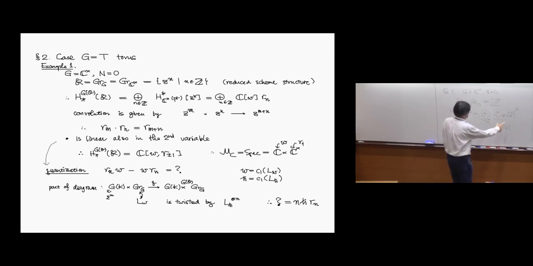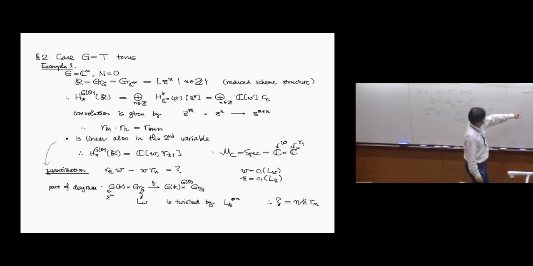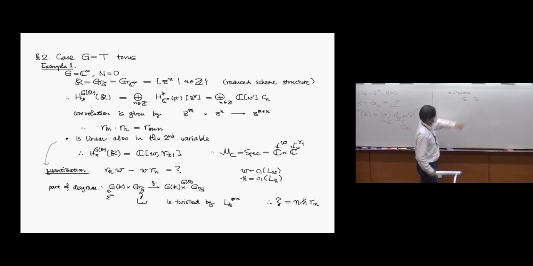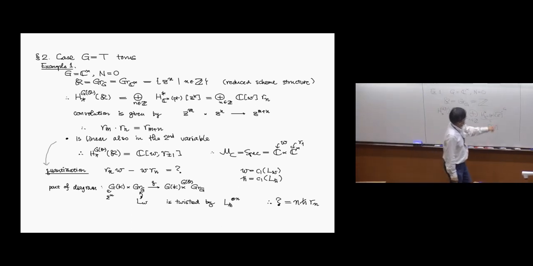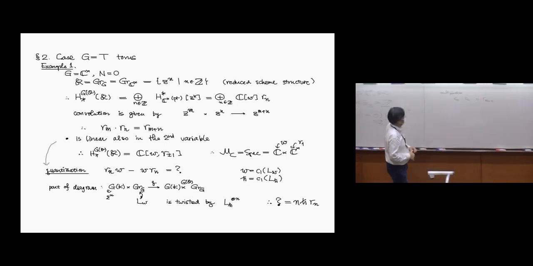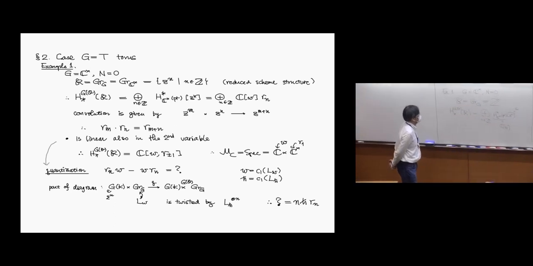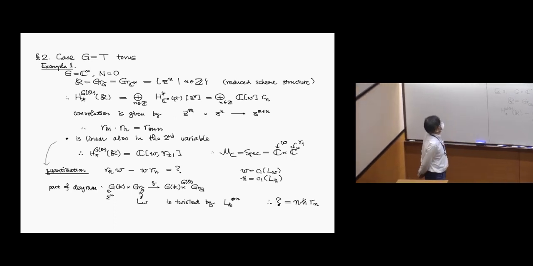Then it is clear that Rn corresponds to z to the power n. So you have z to the power m and z to the power n. Then the result should correspond to z to the power m plus n. So this should be equal to R of m plus n. This is a very natural formula, and I hope you believe that this is correct. In fact, you can show that this is correct formally using the definition of the convolution diagram.